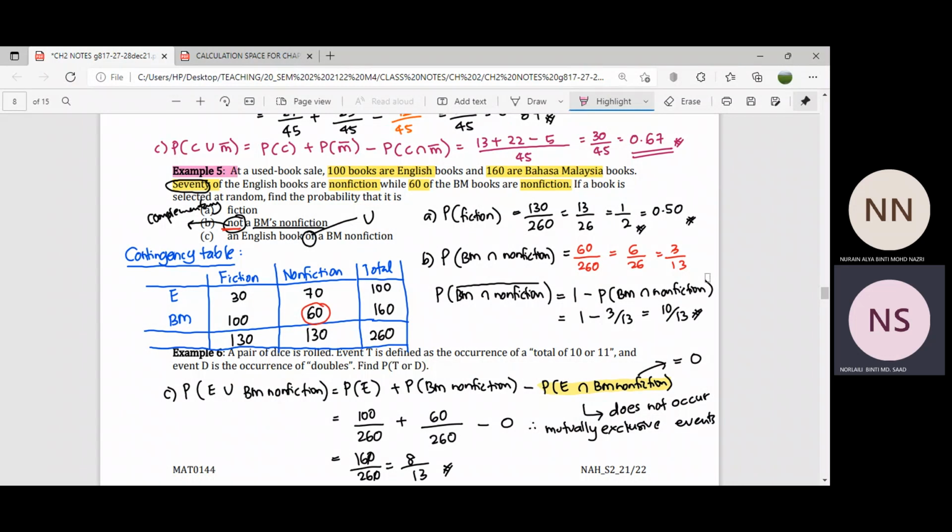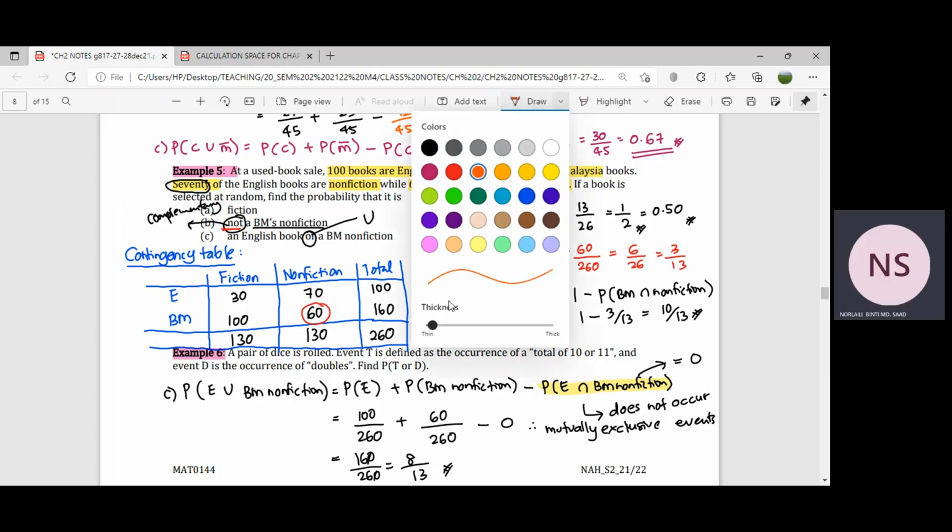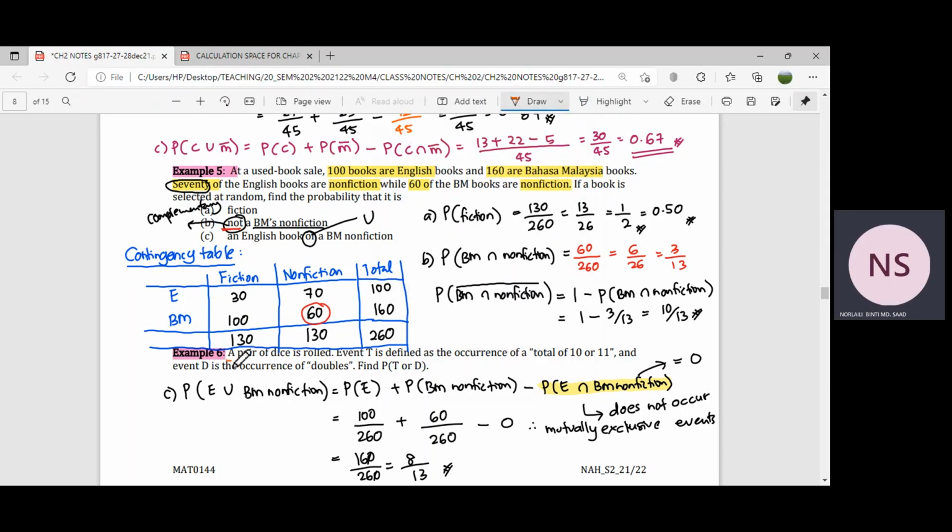For homework example 6, a pair of dice is rolled. It means that we have 2 dice here. Event T is the occurrence of the total or summation of the numbers being 10 or 11.